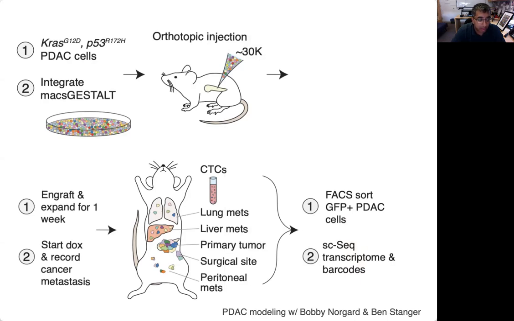And we start doxycycline induction to basically trigger the Max Gestalt recording. And then after the mice reliably die, we can collect material from various sites, sort out the PDAC derived cells by virtue of a GFP marker, and then perform analysis of these Max Gestalt barcodes, but done in such a way that we also, with 10x Genomics profiling, get the single cell transcriptional profile of each cancer cell in addition to its barcode.